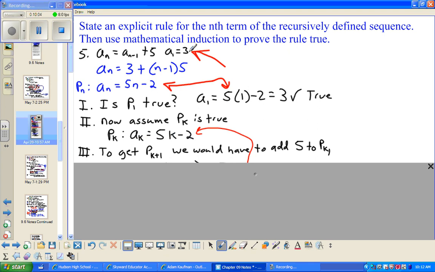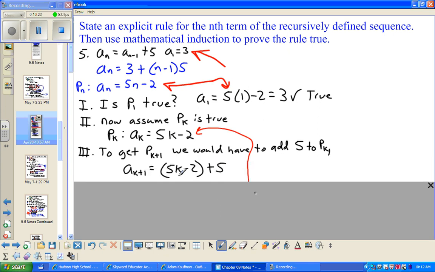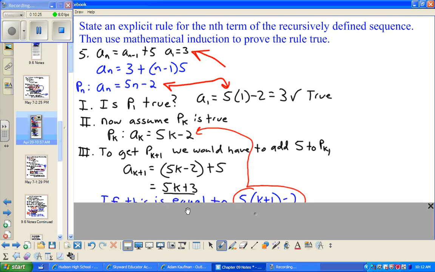Well, if you think back to what we were told at the beginning, this recursive rule tells us if I have the previous term, I add 5 to it to get the next term, which means I should be able to add 5 to my a sub k to get a sub k plus 1. So that's what I do. If I simplify that out, I get 5k plus 3. My a sub k plus 1 should equal 5k plus 3.